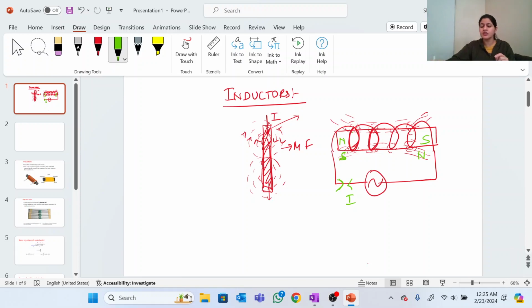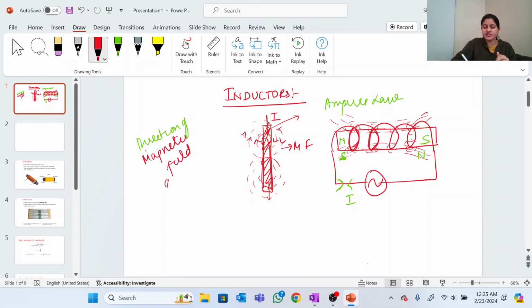So this is Ampere's law, and the direction of the magnetic field is given by Fleming's right hand rule. These are the two basic concepts you should know.